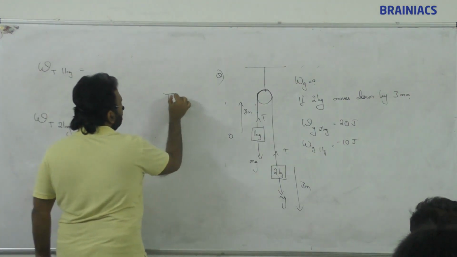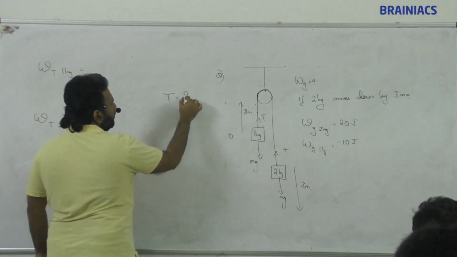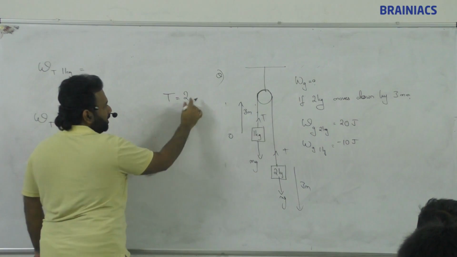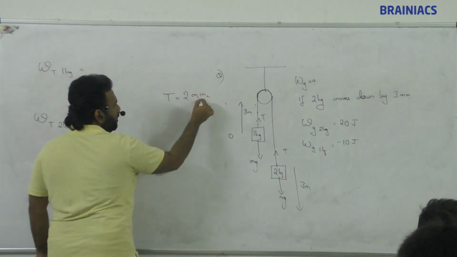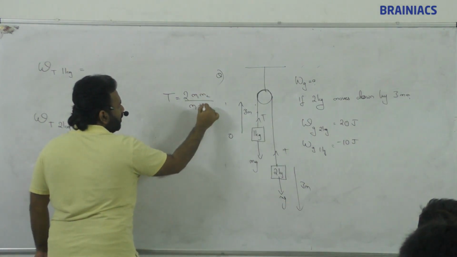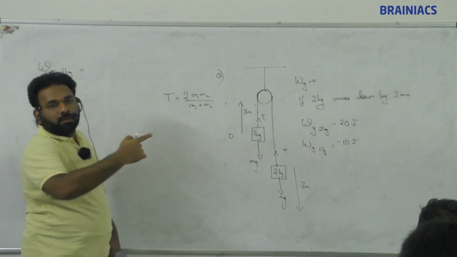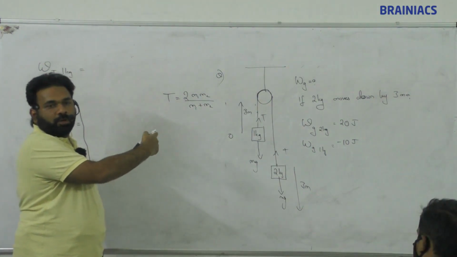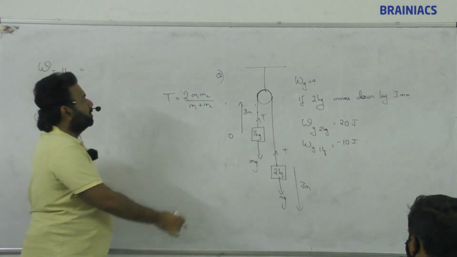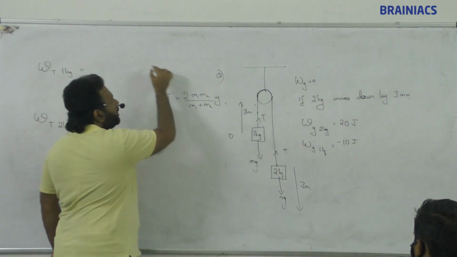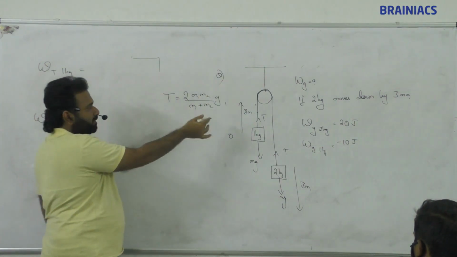If you want to find the tension, for this kind of case, it is 2 m1 m2 divided by m1 plus m2, into g. For the other case, that was different from this.